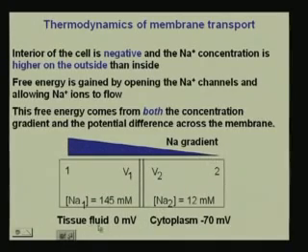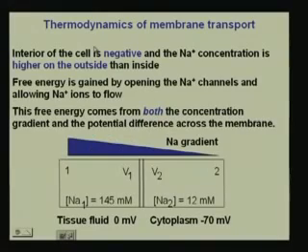The tissue fluid has 0 millivolts. The cytoplasm has minus 70. Now, where has this minus 70 come from? It has come because of the ion concentrations being different on either side of the membrane. So, the interior of the cell is negative and the sodium concentration is higher on the outside than the inside. The free energy is gained by opening the sodium channels and allowing the sodium ions to flow. Why?